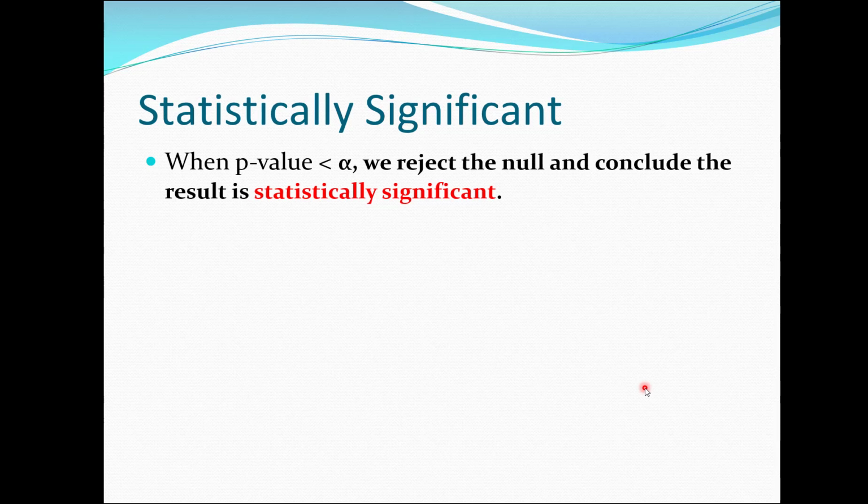I also hope that you can still recall null hypothesis is about the population. So when we reject the null hypothesis, that means there is a difference or there is a relationship in our population. So when we say the result is statistically significant, we mean there is a difference or there is a relationship in the population.